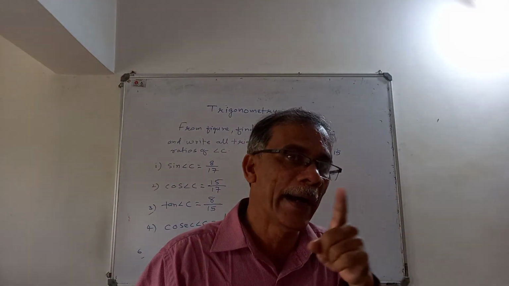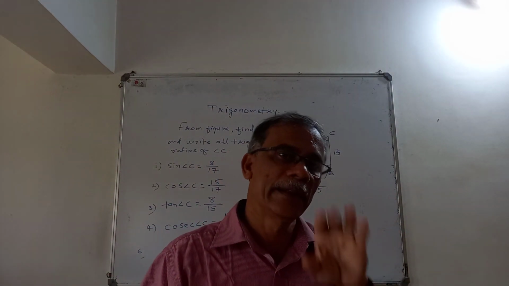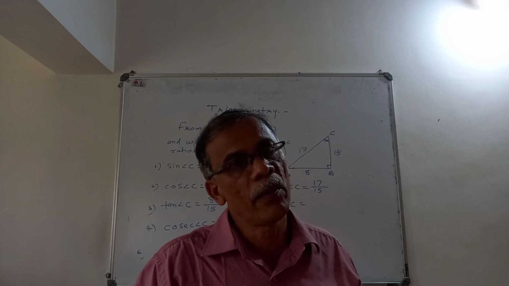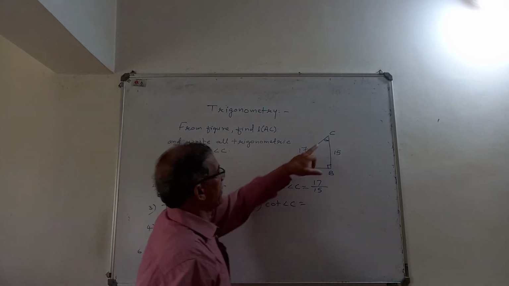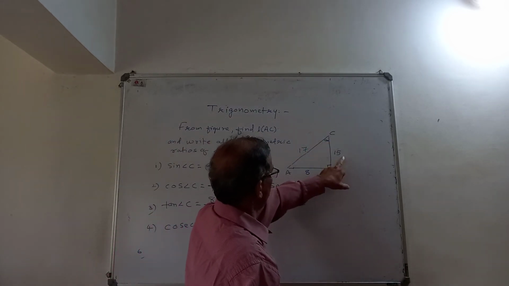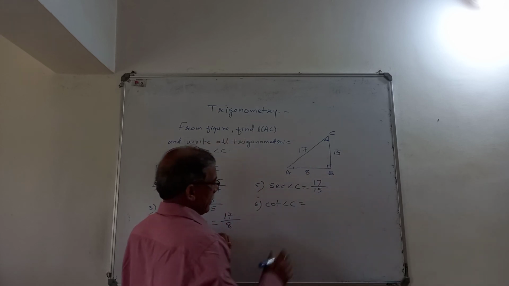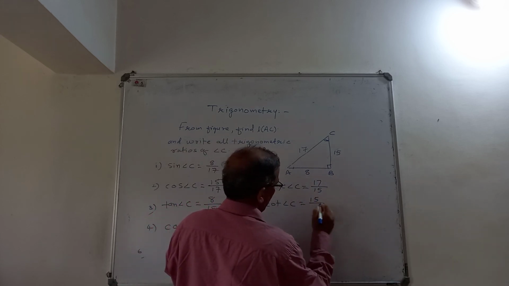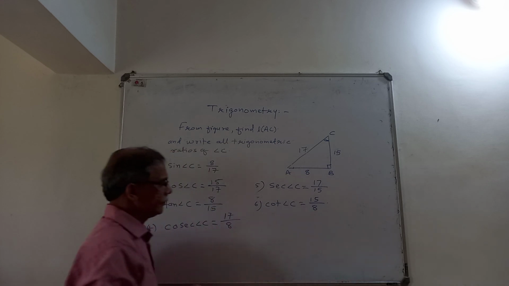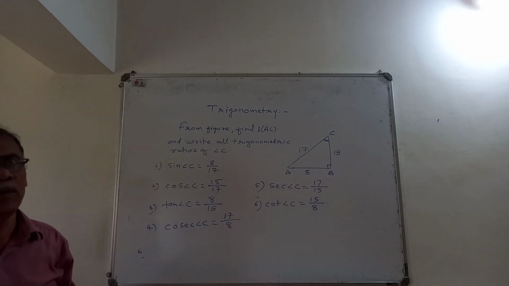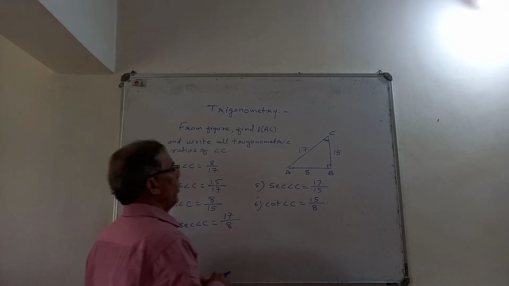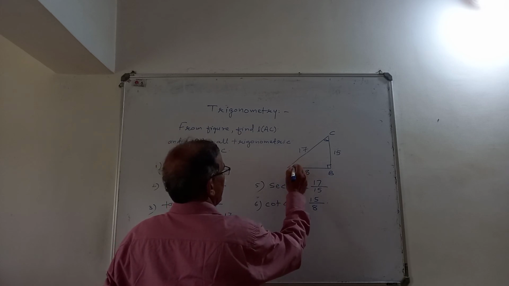Tan means O by A, opposite upon adjacent. Now its inverse is adjacent upon opposite. So for C, adjacent CB, which is 15, upon opposite AB. So it is 15 by 8.